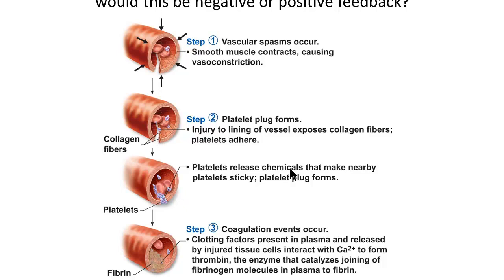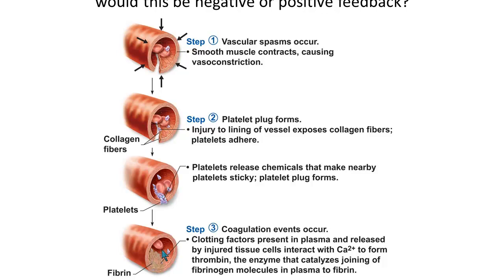That's the positive feedback cycle. And then this coagulation, we have clotting factors in the plasma, we have clotting factors in the injured tissue outside of the capillary that's releasing chemicals, and also calcium and the enzyme thrombin and fibrinogen come in to form what we call a blood clot.